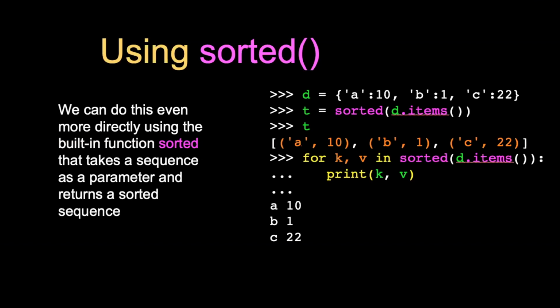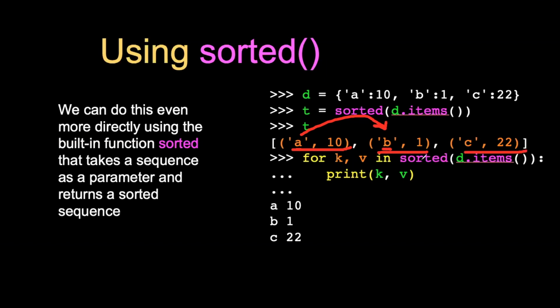Member-wise meaning this A is going to be compared with B first, right? And then B is going to be compared with C, in whichever order, to find the lowest, in ascending order, and the lowest one is A, then B less than C. So this is how this thing is sorted.